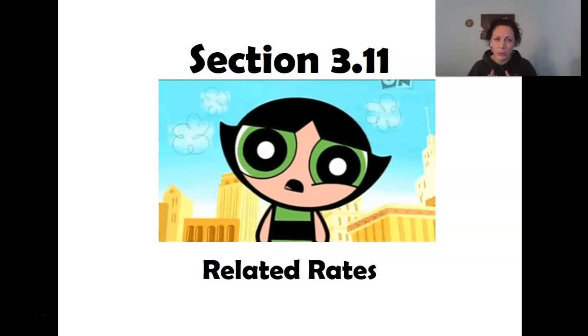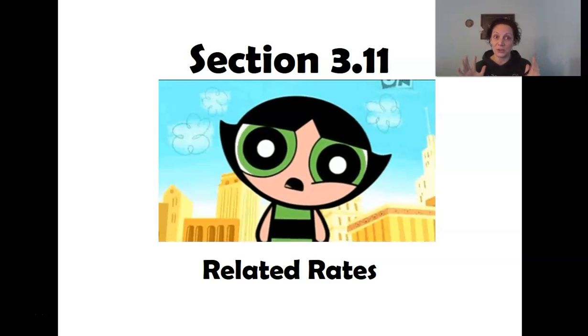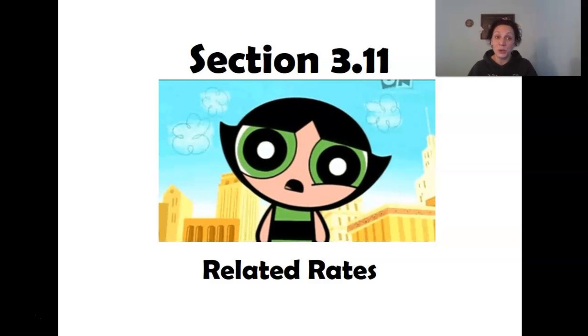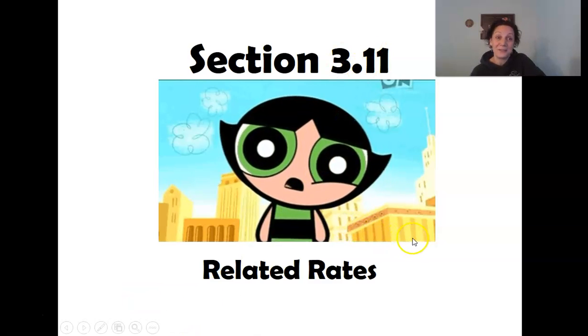And you are given an exorbitant amount of information. There are so many given values that it's almost impossible not to notice you have a related rate question. If you don't see the word rate, which you probably will, you see lots of given information and those rate units, and it's usually a pretty good indication. As you can see, my favorite Powerpuff Girl here loves related rates.